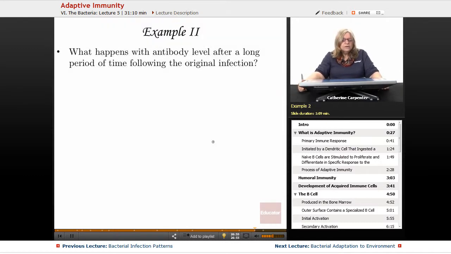So the second question has to do with what happens to antibody levels after a long period of time following the original infection. That question gets back to this whole memory issue. What constitutes the length of time that our immune system can remember infections? I think that's a highly variable process.